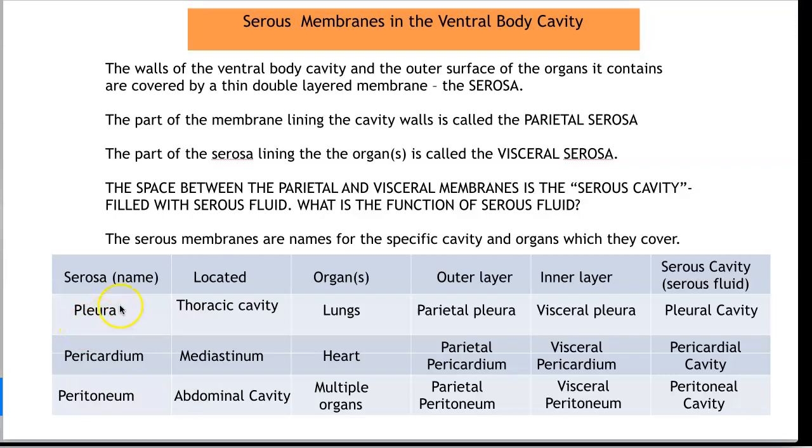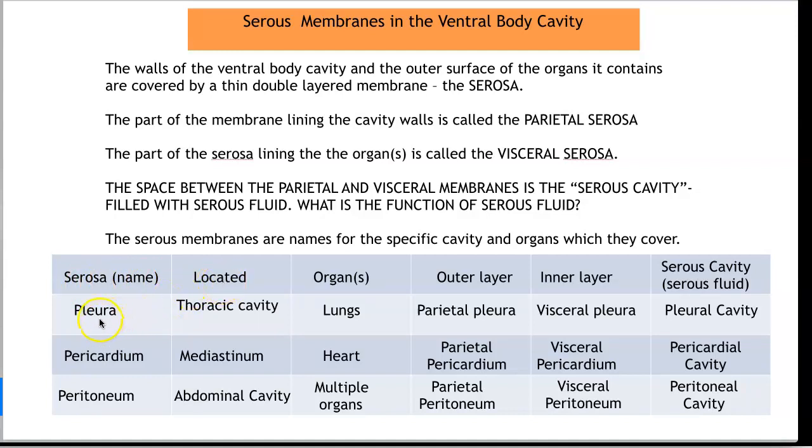The pleura. The serosa surrounding the heart is the pericardium. The serosa surrounding the abdominal organs, the abdominal cavity, is the peritoneum. Serosa, aka the serous membranes.